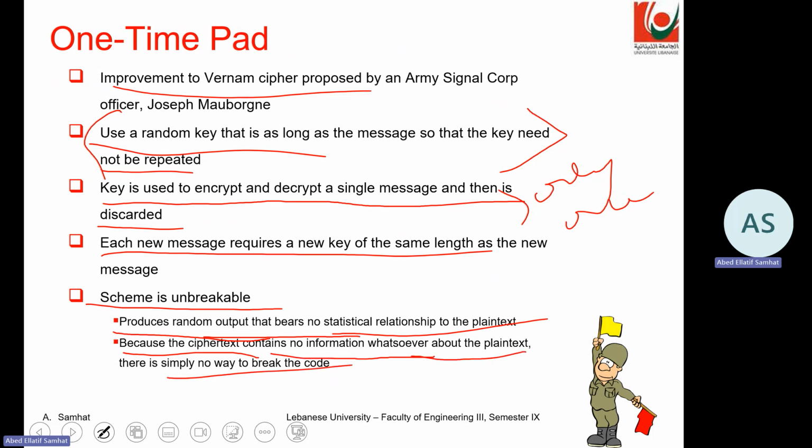So there is no way to break this code. As we said, the security here is achieved due to the randomness of the key.